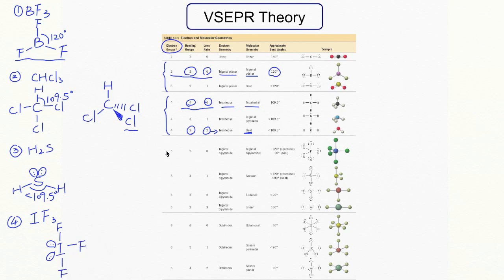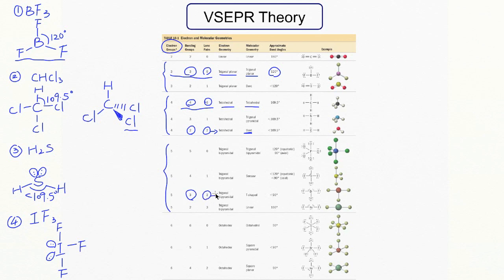Okay, now let's count the total number of electron groups. 1, 2, 3, 4, 5. 2 lone pairs, 3 IF single bonds. So 5 electron groups. Now, as you can see, it has 3 bonding groups and 2 lone pairs.